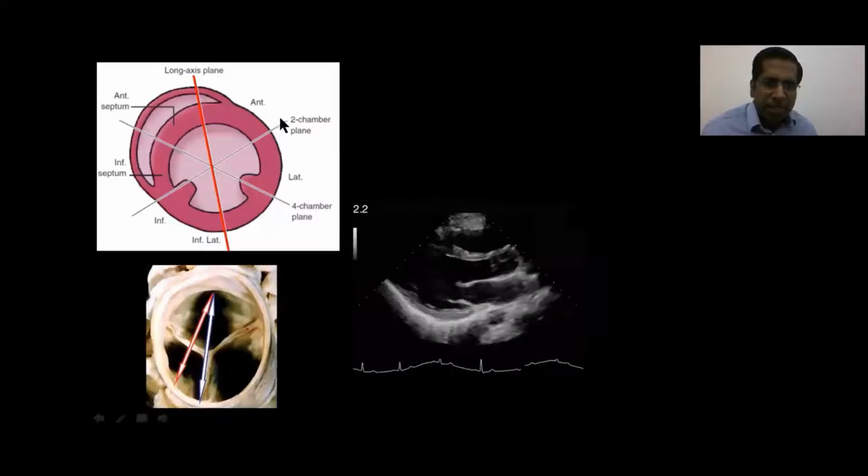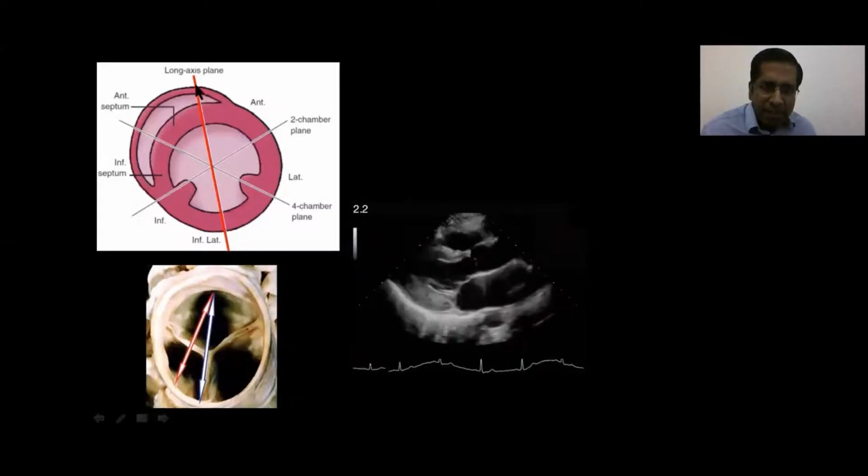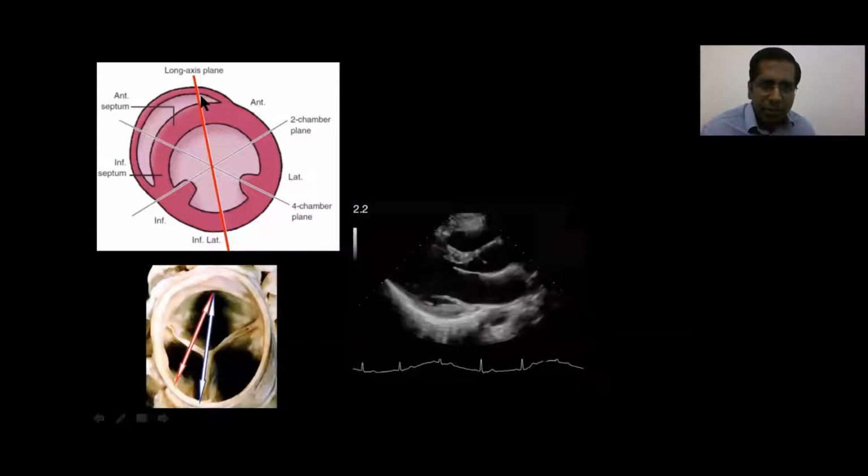Now, using the short axis view, we can try to understand the different views that we are trying to study. So this is the parasternal long axis view. And what we are seeing is we are cutting the LV in this particular plane, so that you see the right ventricular outflow tract on top, and you will see the LV right through the middle.